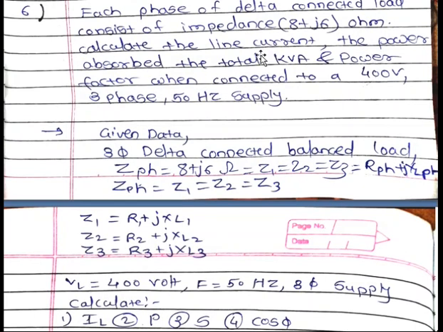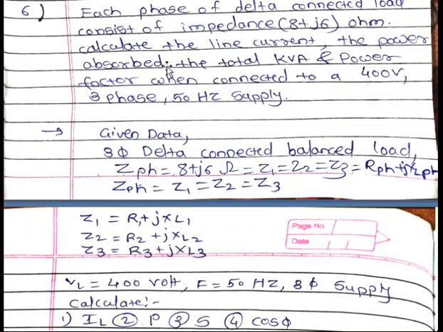Here one confusion is created. Power absorbed means the active power or power consumed, and the kVA rating is given in apparent power, that is, the apparent power unit is kVA. Therefore, we calculate both these powers because confusion is created in this example.